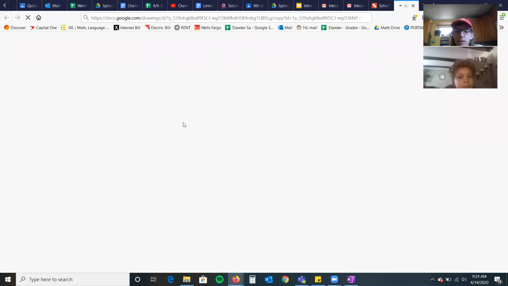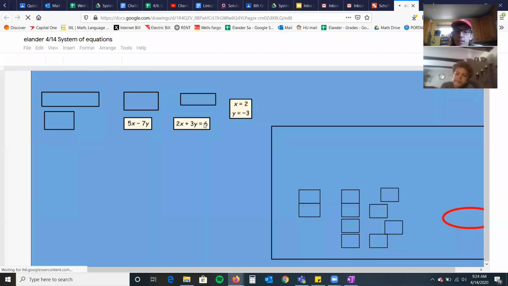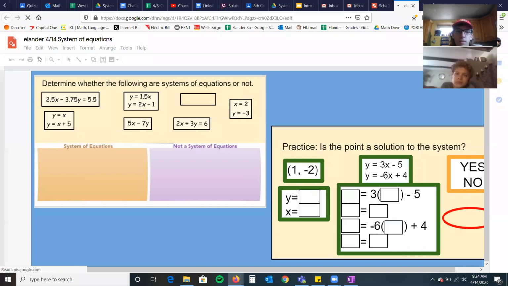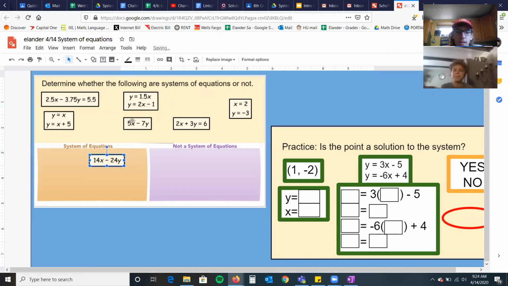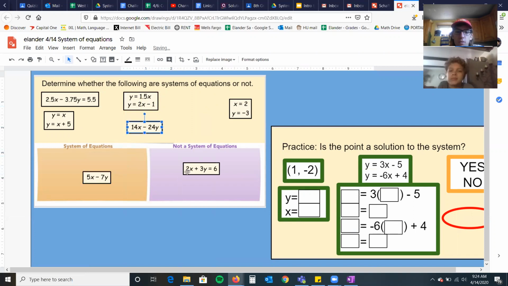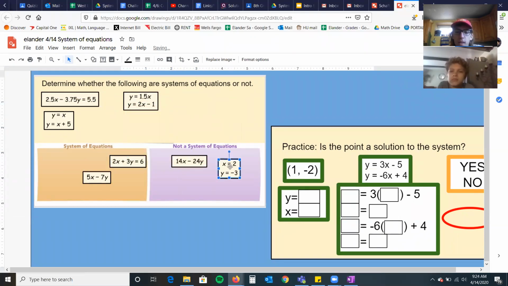You have your own copy of it now. Like that. There we go. It's looking good. And then now I can move things around. I can draw on stuff. So like, for example, we're going to be moving these little tiles. So you can say, I think this one's a system equation, and this one is not. So you can move them however you need to. Okay, that's what I want you guys to be doing right now.